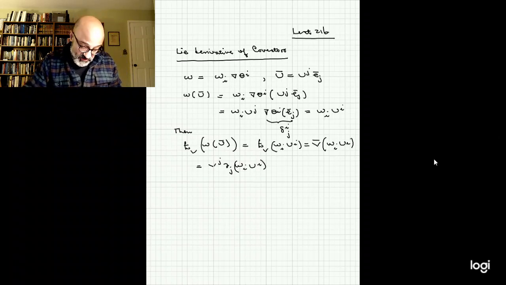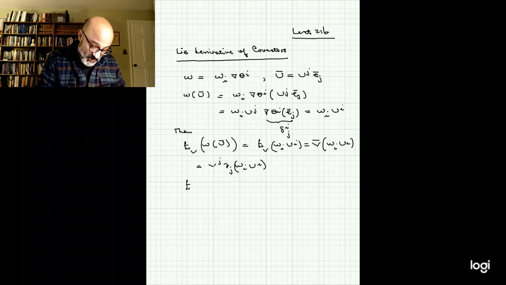But there is another way to compute this Lie derivative, which is to use the Leibniz product rule.